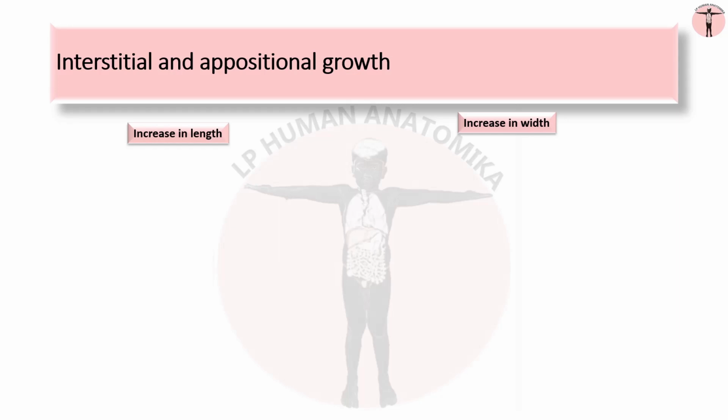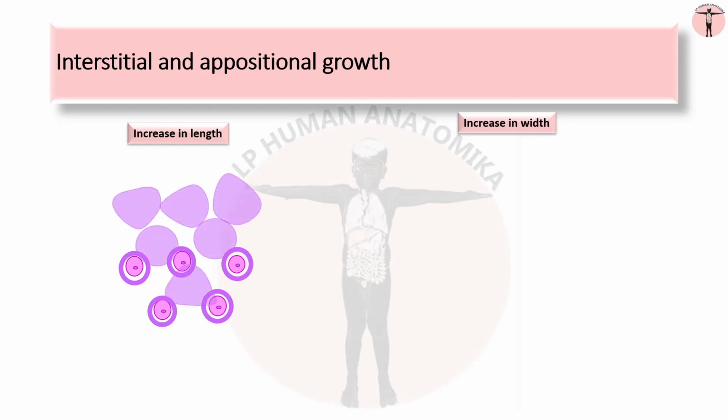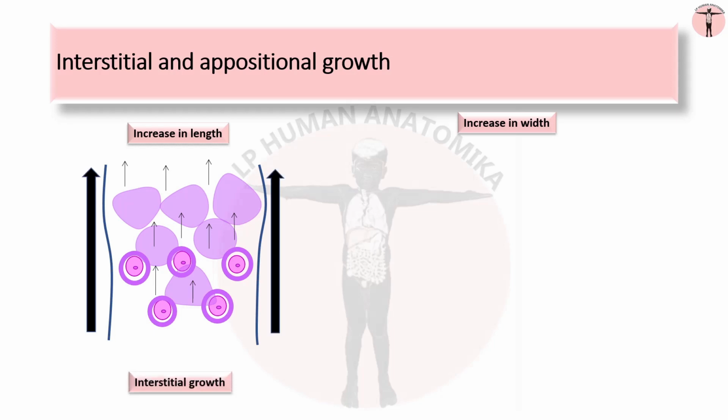When chondrocytes secrete new matrix within the cartilage, it causes the bone to grow in length. This increase in length of bone is referred to as interstitial growth.